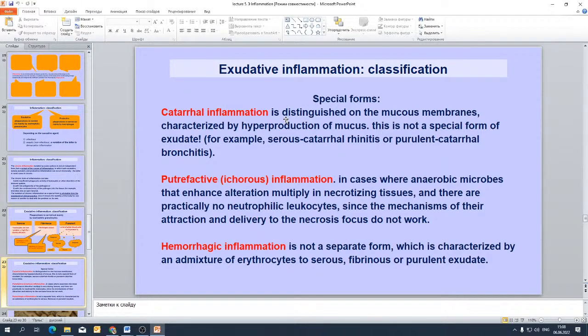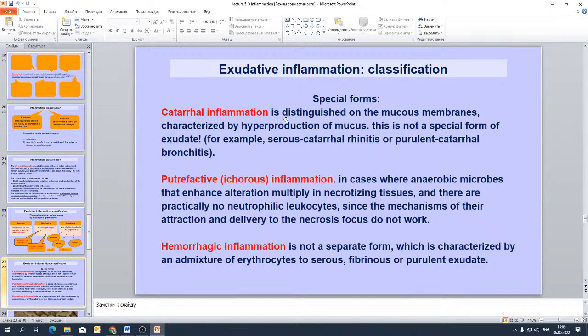And we have discussed putrefactive or ichorous inflammation. In cases where anaerobic microbes, Clostridium infections, enhance alteration and multiply in necrotizing tissue, there are practically no neutrophil leukocytes. There are few leukocytes, since the mechanism of their attraction and delivery to the necrosis focus doesn't work.